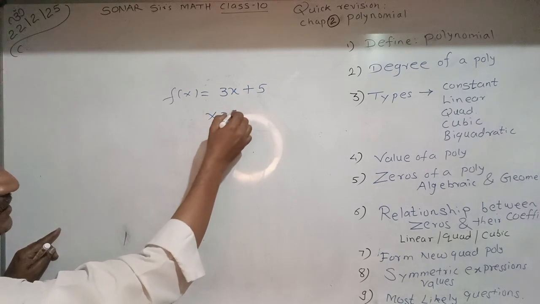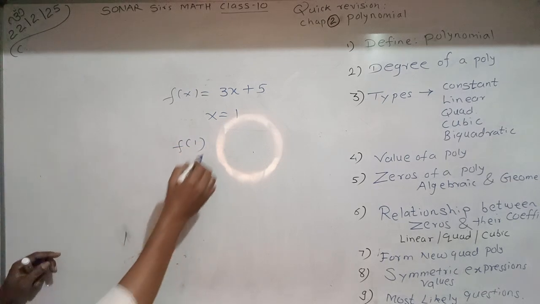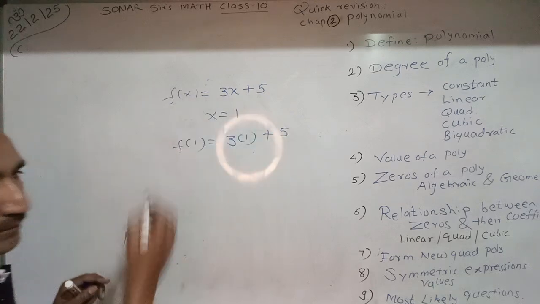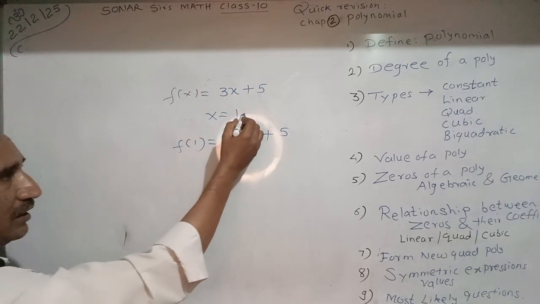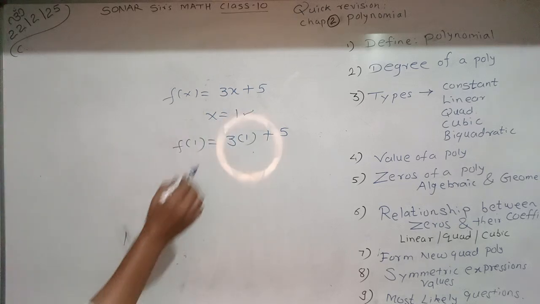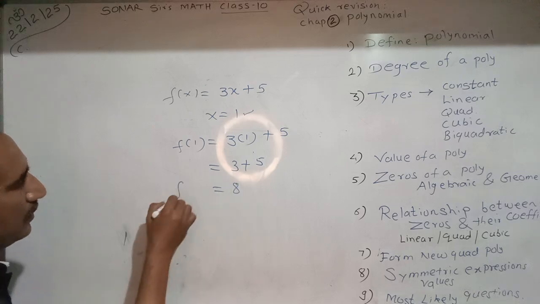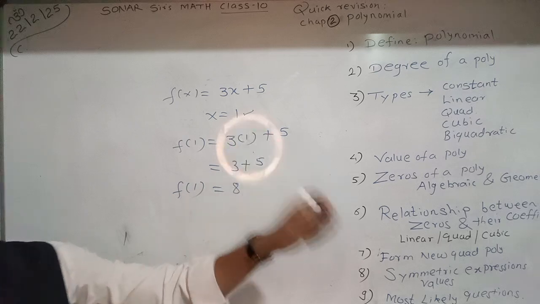For x equal to 1, the value of this polynomial, f of 1, is equal to 3 into 1 plus 5. We have to replace the variable with the real number. So 3 ones are 3 plus 5, so 8. So this is called value of a polynomial.